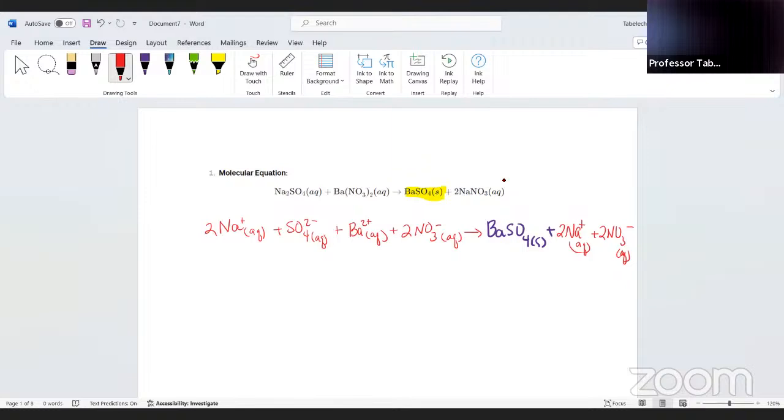Sulfate was split apart, but we brought the charge there. Barium was split up from nitrate, and there's a charge there as well. Same thing for nitrate. We kept barium sulfate together because it's not dissolvable in water, and it is a solid, and you don't split solids or liquids up. And then you've got your sodiums and your nitrates that you are splitting up.